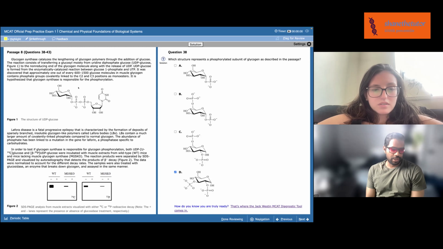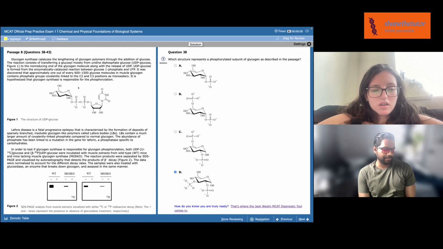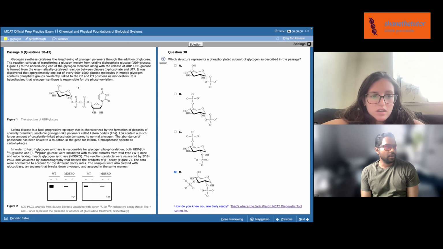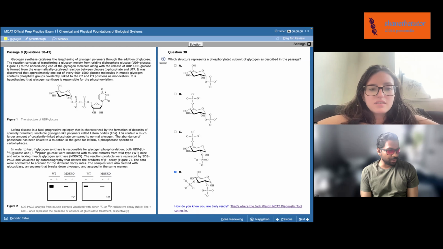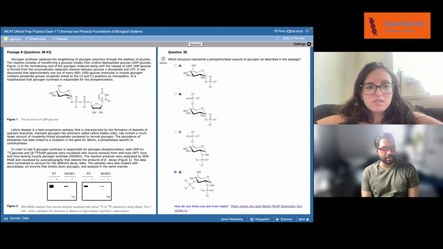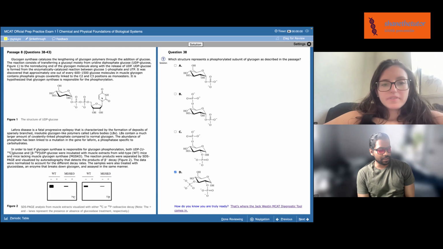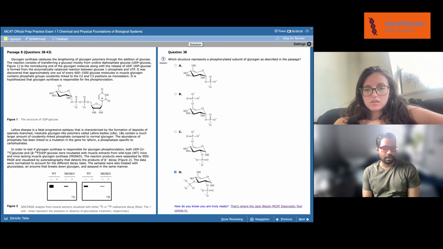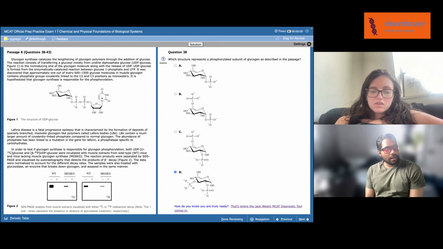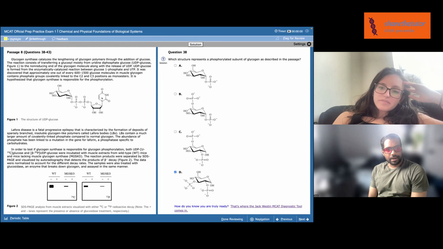All right, we have our structure of UDP glucose here. We have our glucose on the far left, drawn as a chair. We have these two phosphates attached to the uracil. This entire thing is UDP, uridine diphosphate.